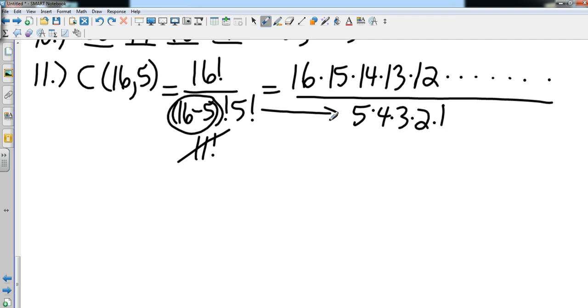And now I can start canceling things. 5 times 3 will help me cancel that 15. That 2 will go into that 12 6 times. That 4 will go into that 16 4 times. Oop, that would be a 4. And then I multiply all the way across and I get 4,368.